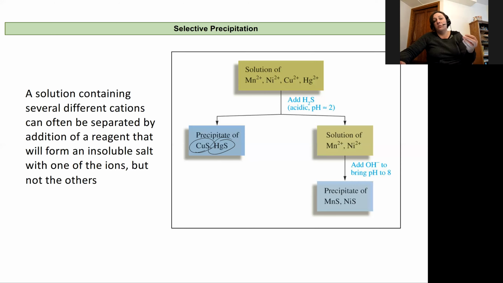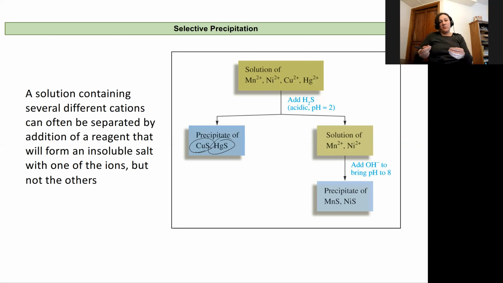Their Q is smaller than their solubility product. So once we have those precipitates, if we then bring the pH of the remaining solution up to something basic, like a pH of 8, we'll see that the solubility of manganese sulfide and nickel sulfide becomes much smaller. And then we'll see those two compounds fall out of solution as a solid.